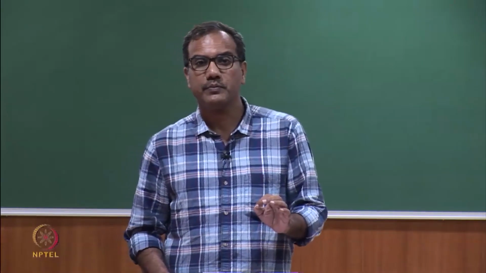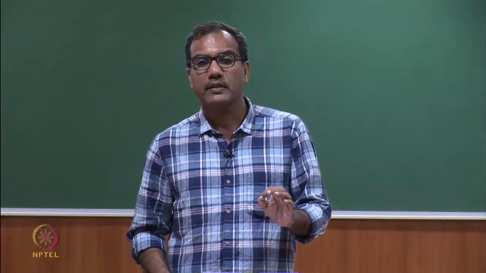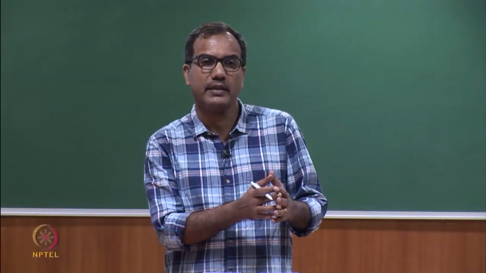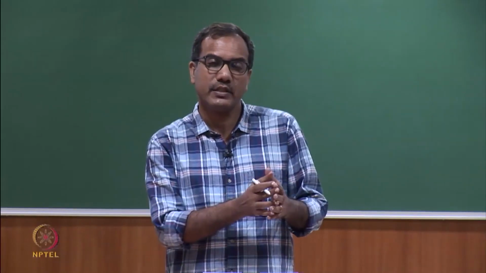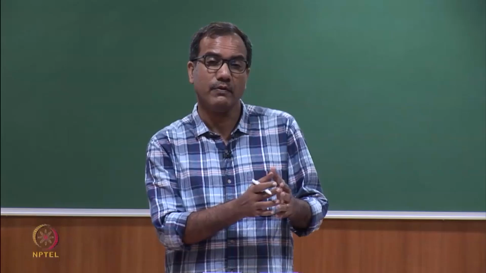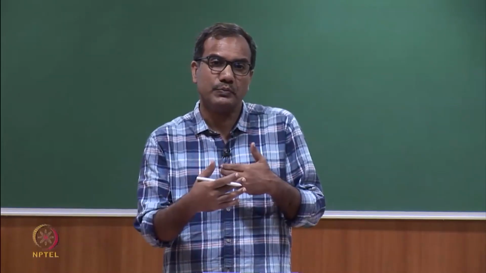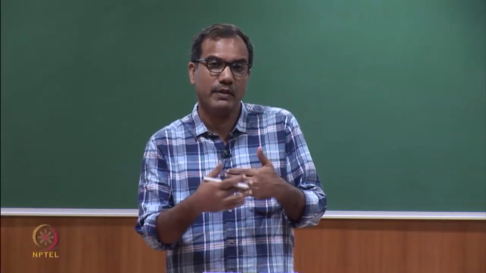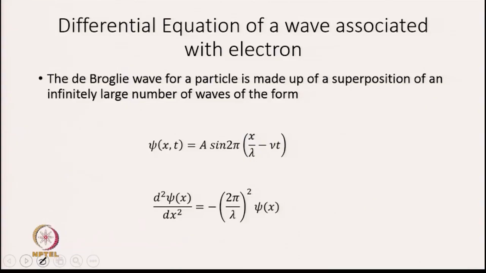Now, till this point we were just considering the motion of a wave. Now, let us see how we can write a differential equation of a wave associated with an electron.